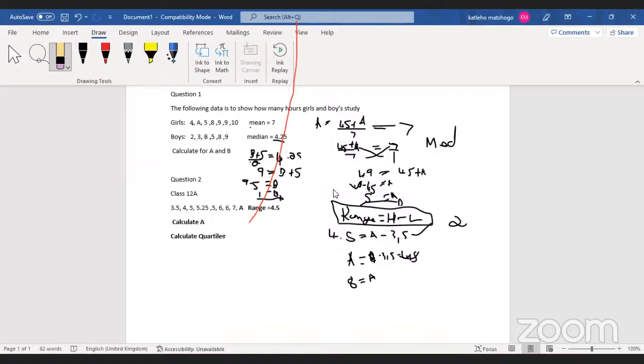Then we're going to divide by 7. 7 is 1, 2, 3, 4, 5, 6, 7, the number of how many they are.